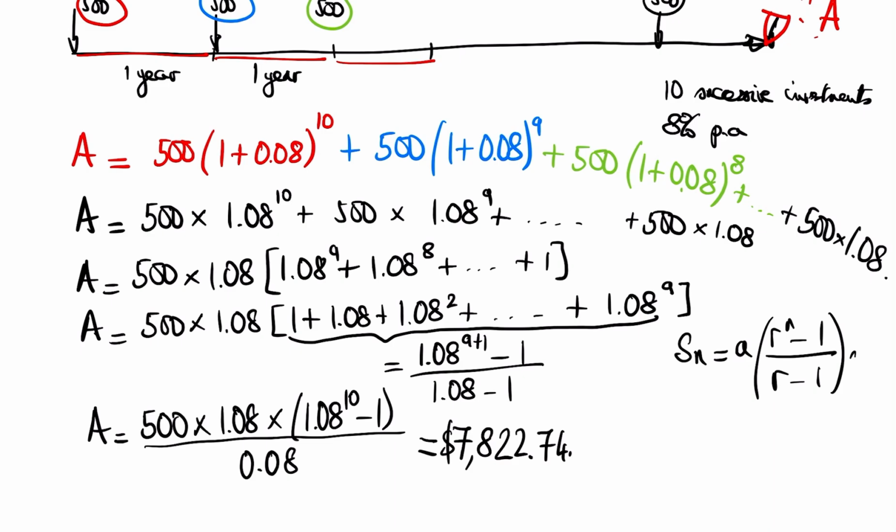Now let's do another one. Your employer gives you two possible different salary packages. So there is package 1, in which you have a raise of 1,300 per year for 5 years.